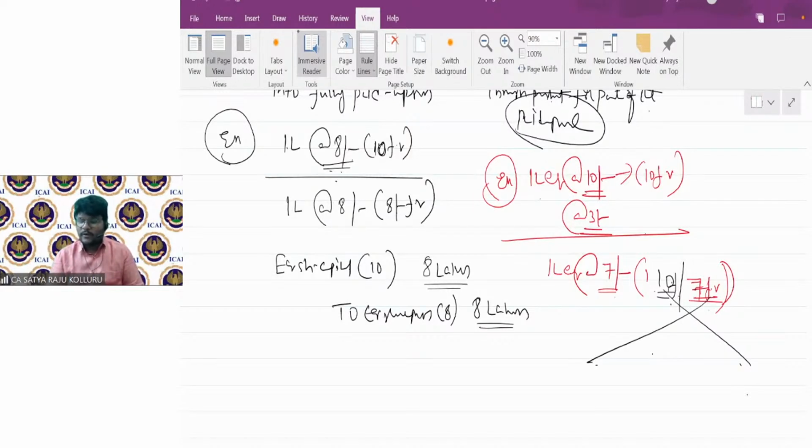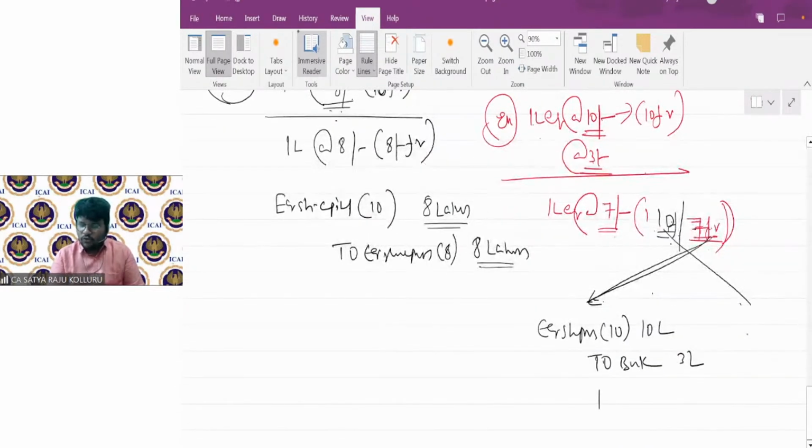If it is the 7 rupees face value, it will pass the entry like that. Equity share capital, old 10 rupees amount is 10 lakhs, to bank. 3 rupees repayment means 3 into 1 lakh, which is equal to 3 lakhs. And a new equity share capital will be 7 rupees face value, which is 7 lakhs.